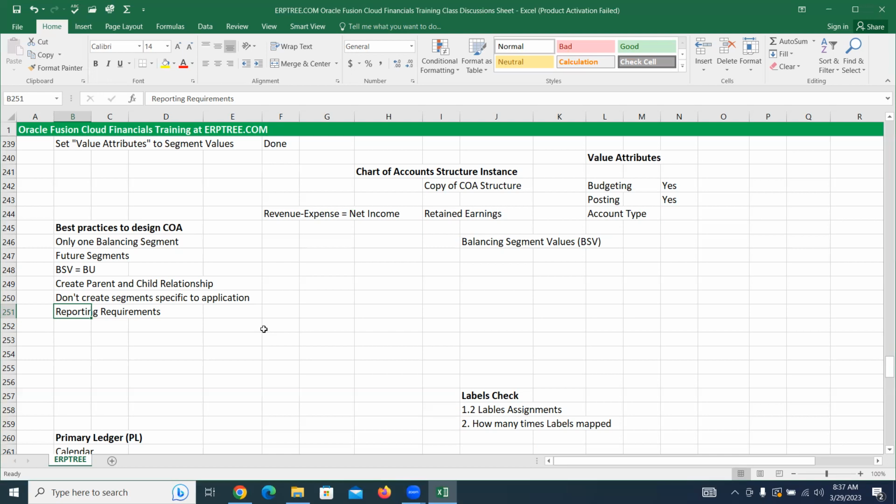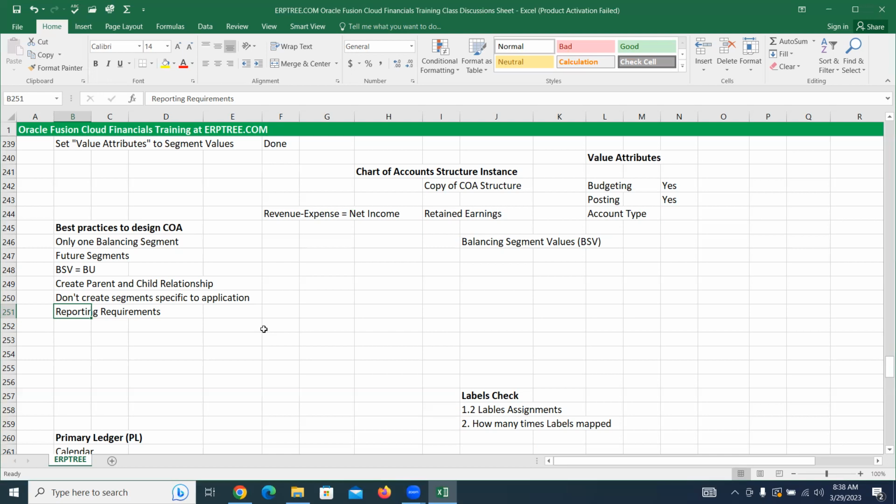Ensure company you have as a segment. You want to generate the report based on company and department. Ensure you have a company and department as a segment. You want to generate the report based on company and account. Ensure you have a company and account segment. That's it. It could be any report.